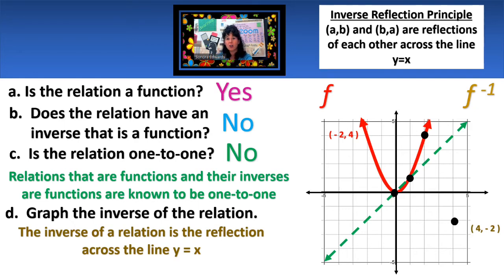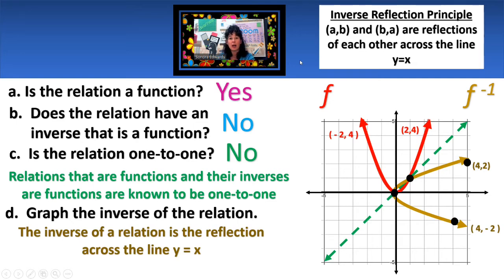We're kind of as far to the right as we can on that f function. That coordinate happens to be at 2, 4. So if I reflect that point across the y equals x line, I just take 2, 4 and make it 4, 2. Now I've plotted several points in order, and if I connect them in the same order, notice I get the graph of f inverse.